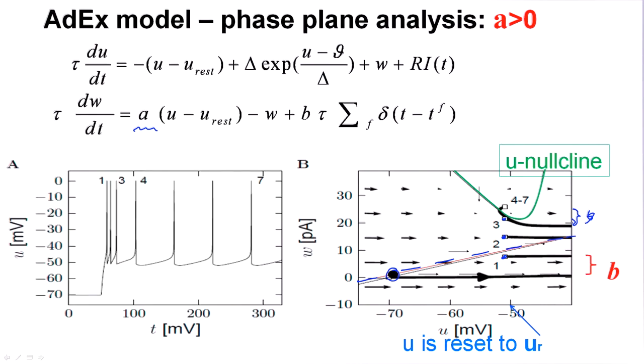So the result is that we have initially a rapid sequence of spikes. It's only after spike number 4 that we see this dip in the voltage. And that's related to the fact that the trajectory starts above the green curve, where the arrows are pointing slightly leftward. So let's look at this trajectory. Well, I would classify this as initial burst followed by tonic firing.